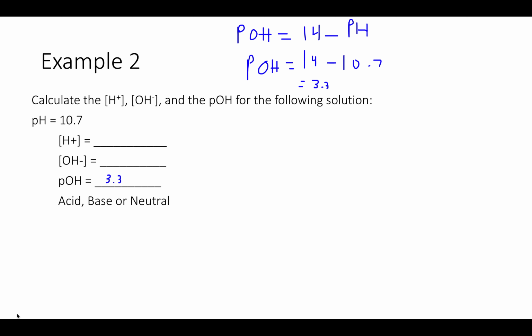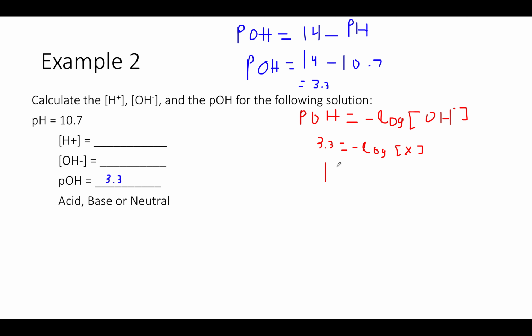From the pOH, I can get the hydroxide ion concentration. The pOH equals the negative log of the hydroxide ion concentration. I know the pOH, which is 3.3, but I don't know the x here, which is the hydroxide ion concentration. So you need to take the inverse of the log and the negative.